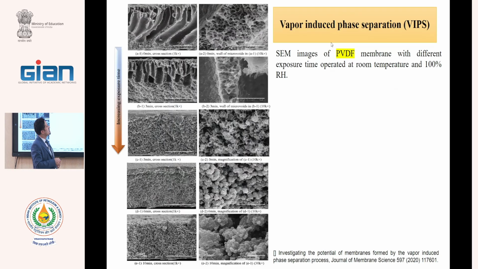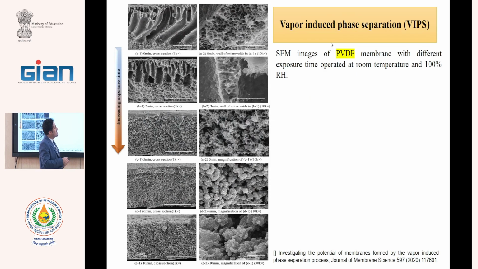The exposure time to the vapor and the vapor density or vapor percent are important. In these membranes, the relative humidity is 100. The air is saturated with vapor.